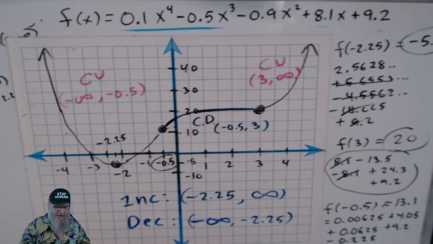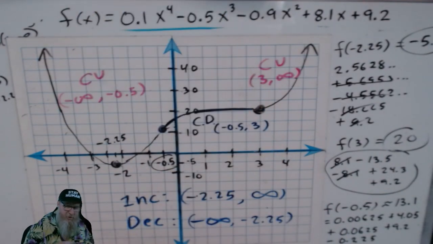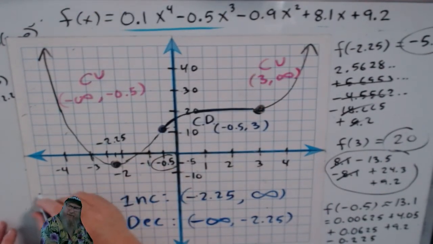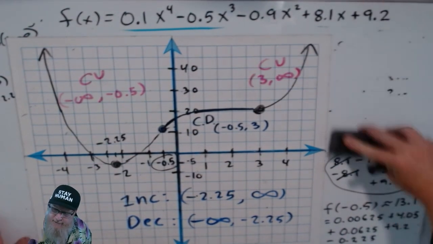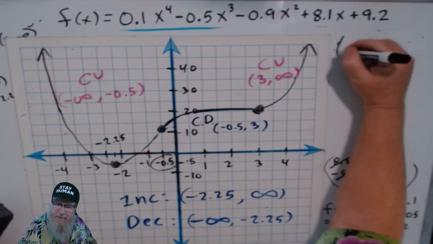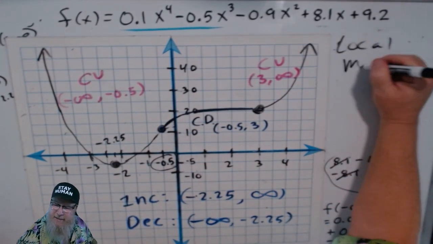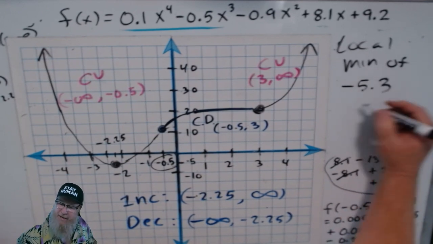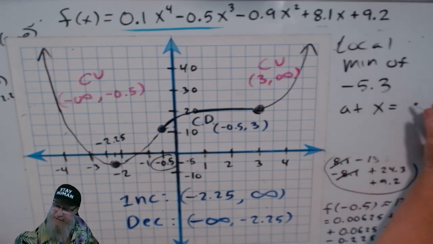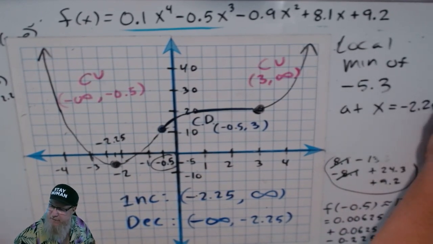And we have a local min. Let's write that over here. Local min of negative 5.3 at x equals negative 2.25.